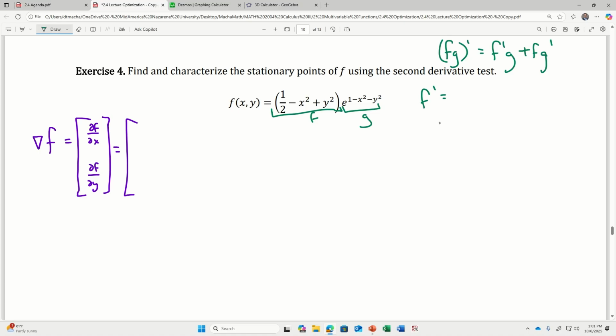But we'll say the partial with respect to x would be negative 2x. And then the g prime would be e to the power 1 minus x squared minus y squared times negative 2x.